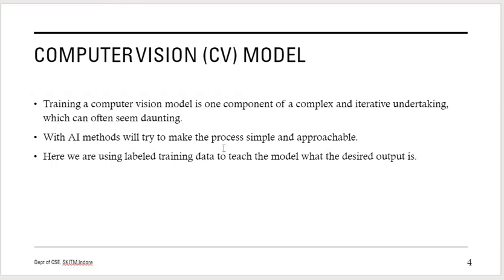So with the AI method we'll try to make this process simple and approachable, like training the model to interpret the image just like a human being. That is a big challenge.